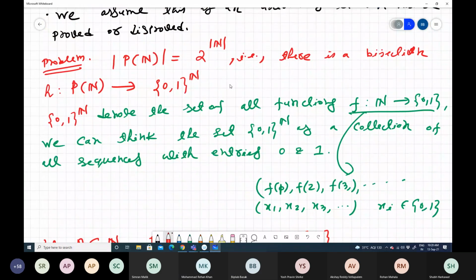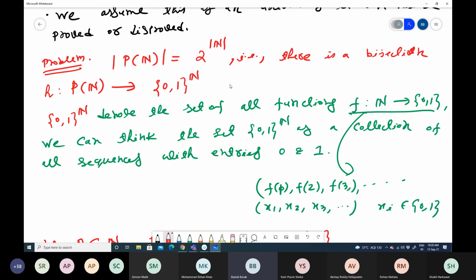Okay. See what we are trying to prove. We are trying to prove that the power set of N has this cardinality. Or in other words, we will prove that there is a bijection from the power set of N to this, and this is the set of all functions from natural numbers to {0, 1}. So that means we have to give a function from the power set of N to this.